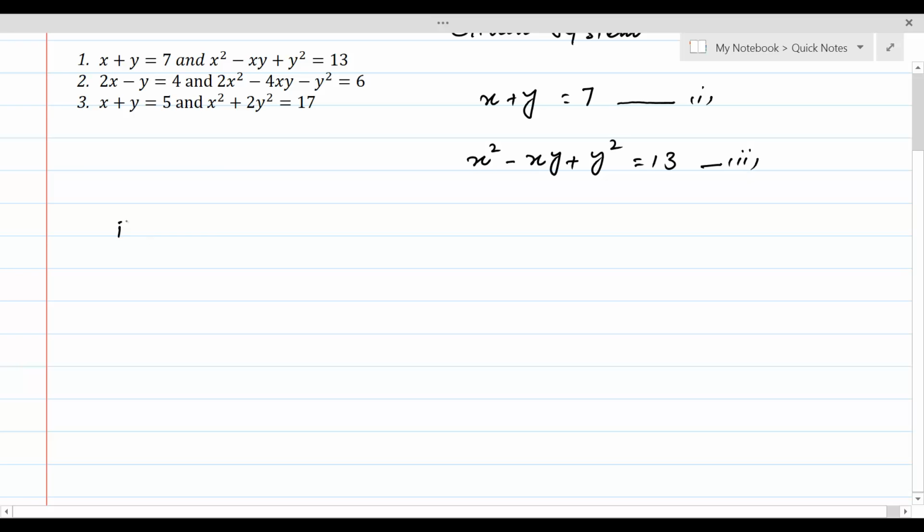From equation 1, we'll find either the value of x or y, it doesn't matter which one. x is equal to 7 minus y.